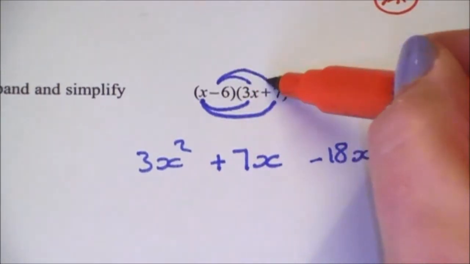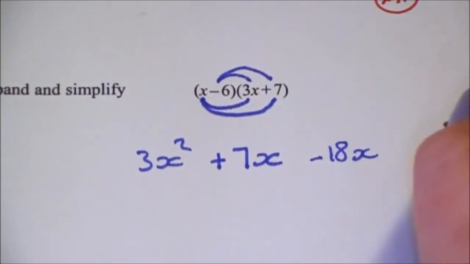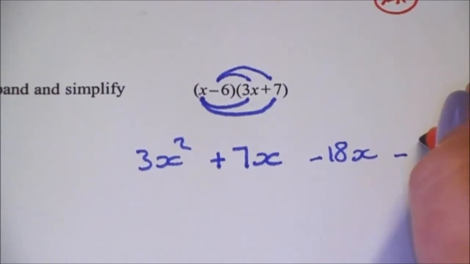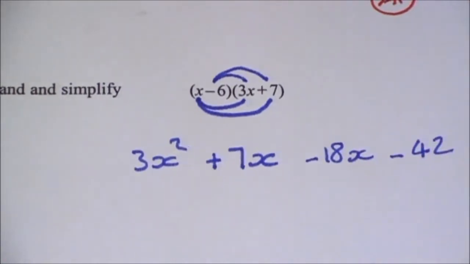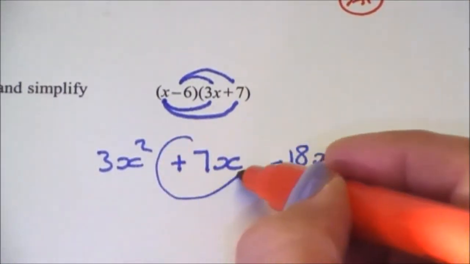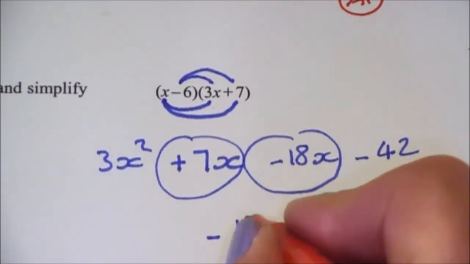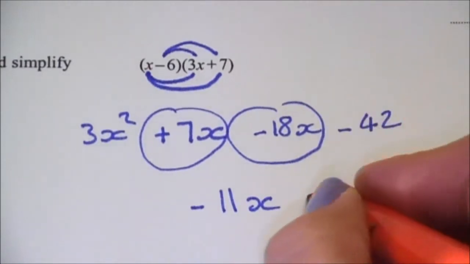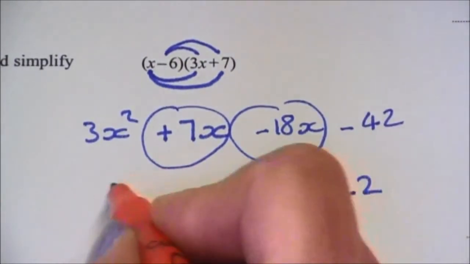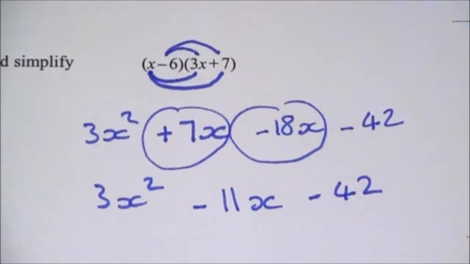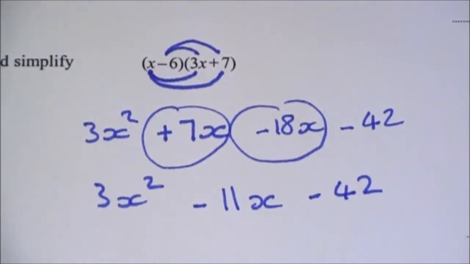And here I've got negative 6 times positive 7, which is going to give me negative 42. I then collect and simplify. Positive 7x, take 18x, it leaves me with negative 11x. I've not done anything with that minus 42, and I've not been able to do anything with that 3x squared. So that's expanded and simplified.